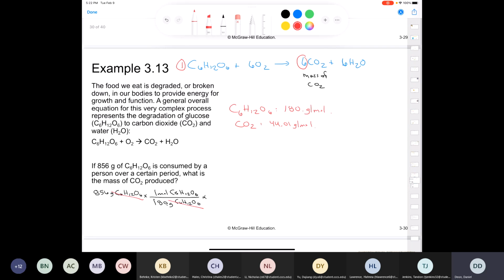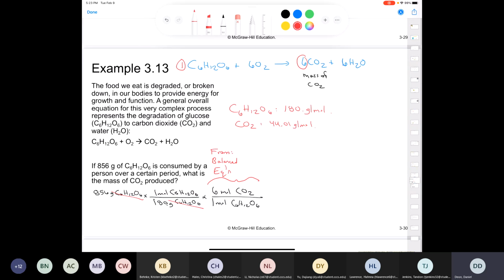Watch, my mass of glucose cancels, and I use my balanced equation right here. I know that for every 1 mole of C6H12O6 that's consumed, I could produce 6 moles of CO2, right? This conversion factor comes from the balanced equation.